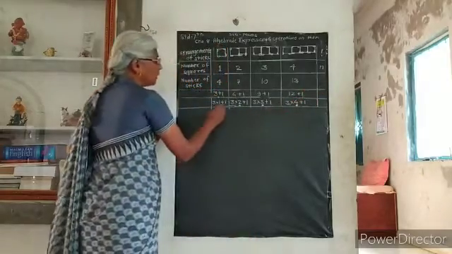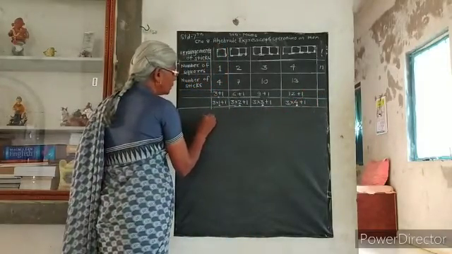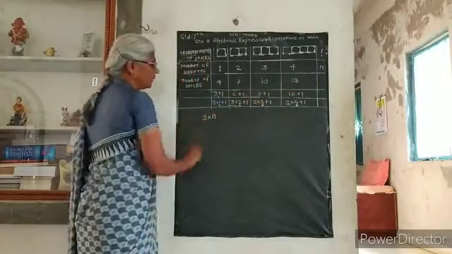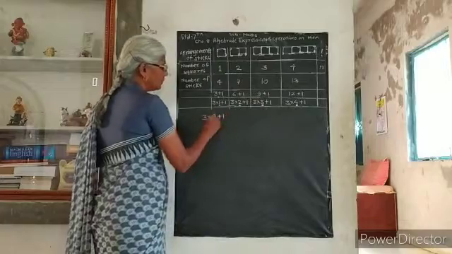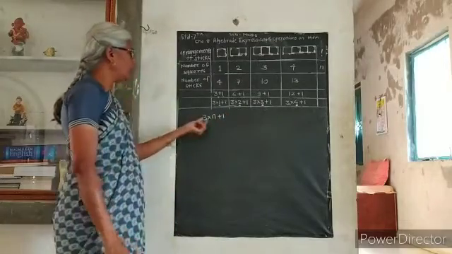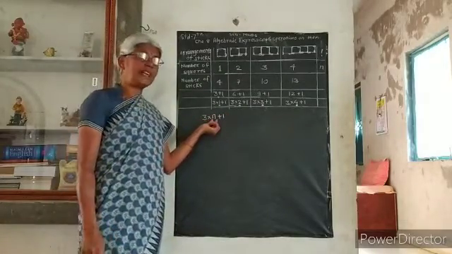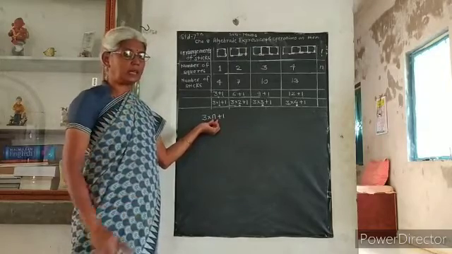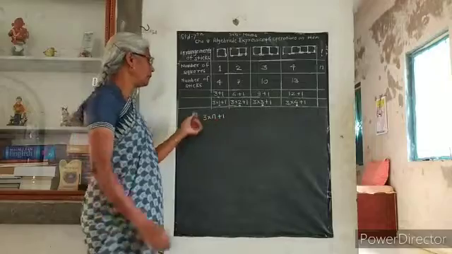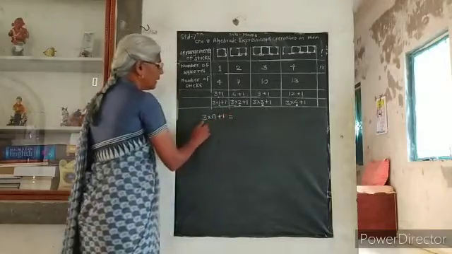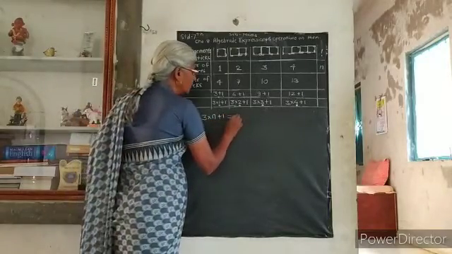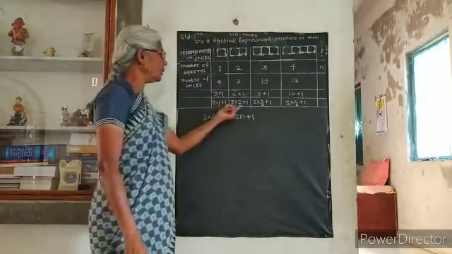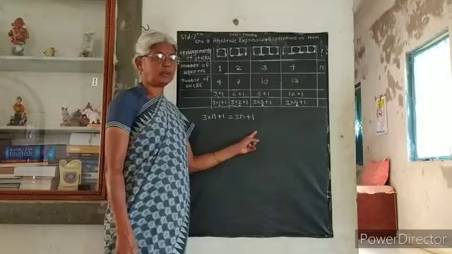Then we get the formula 3 into number of squares, plus 1: 3n plus 1. Where we don't know the number of squares, we write it with the help of an algebraic letter or alphabet letter, and all these numbers maintain that formula.